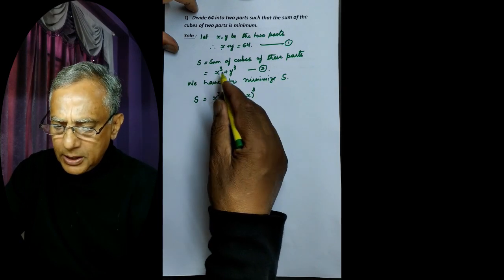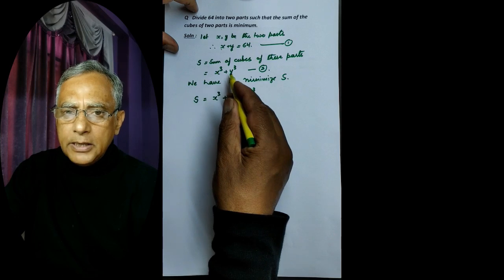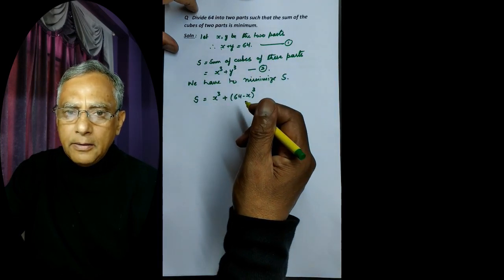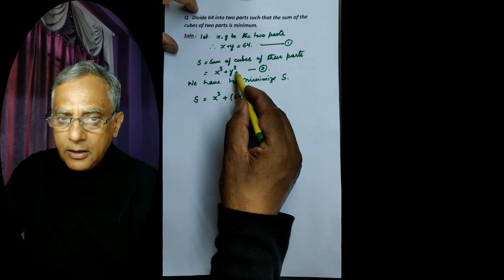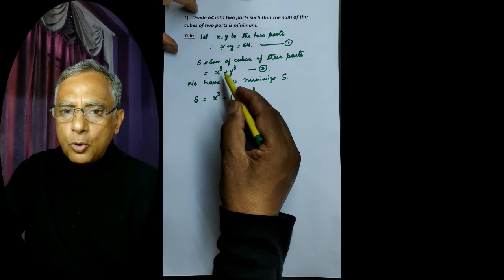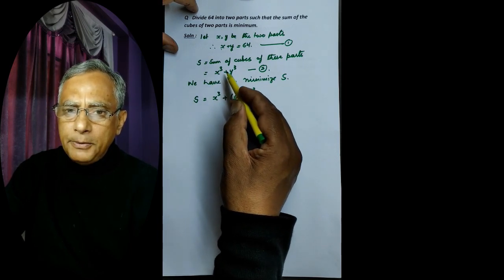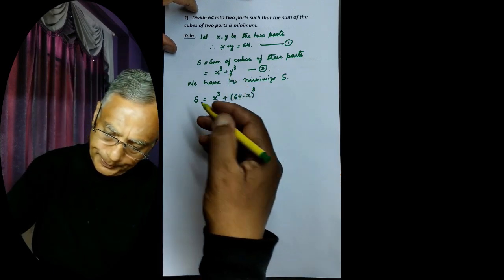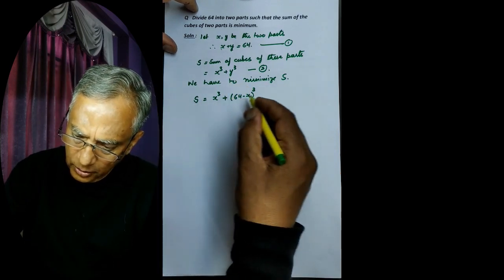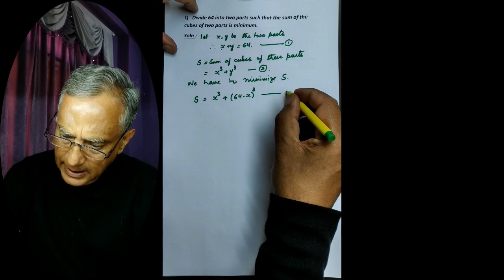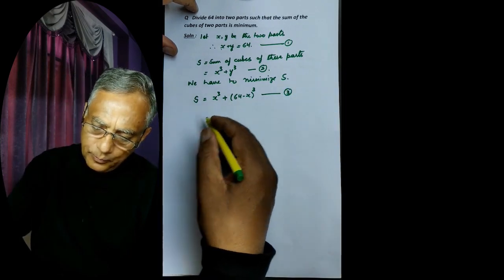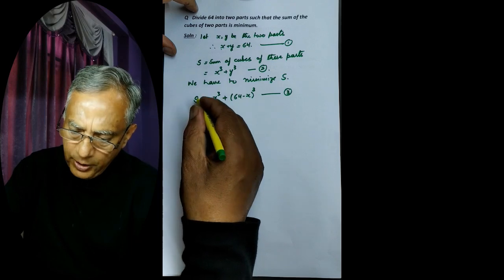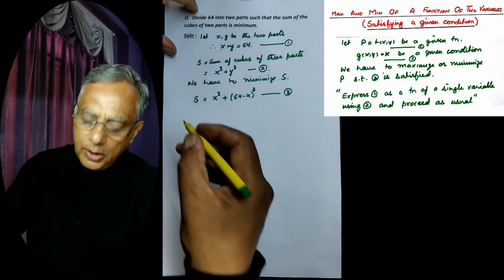In this case the question is symmetrical in x and y, so we can eliminate any. But in other questions, just think for a minute which variable we should eliminate, which will keep the question simple. So now the question has been expressed as a function of a single variable. Now we proceed as usual.